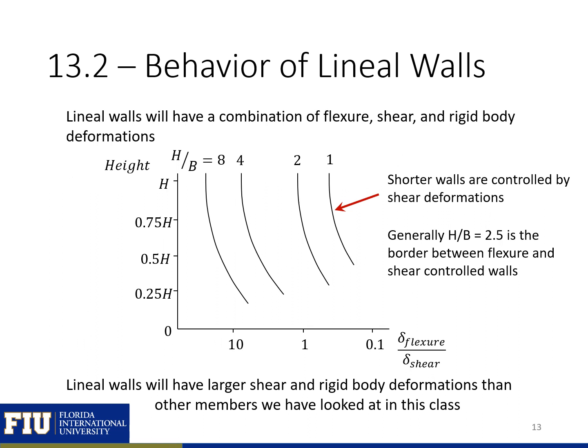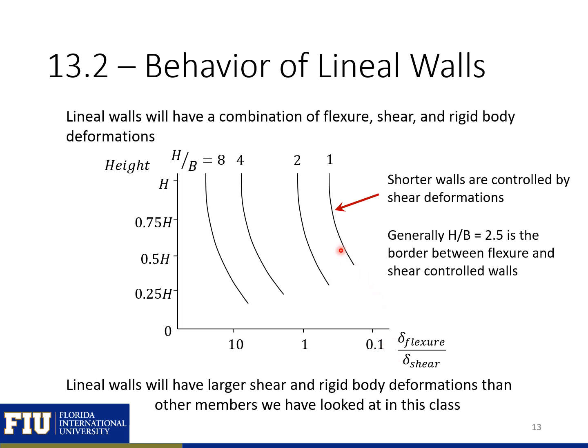The type of deformation that's going to dominate our behavior of our walls will depend on the aspect ratio of the wall. In general, shorter walls are going to be controlled by shear deformations. So here you can see when we have a height to base ratio of 1, we have a ratio of our flexure to shear deformations less than 1.